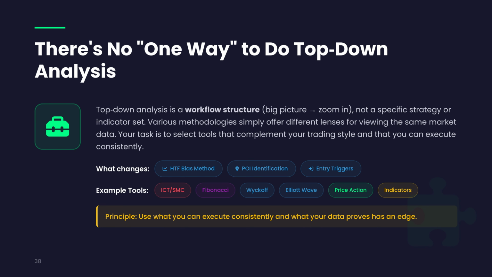Right then, we have arrived at a pivotal moment in our trading journey, one that I believe can fundamentally change your approach to the markets. The title of this slide boldly states, there's no one way to do top-down analysis, and it's crucial that you truly grasp the significance of this. Throughout this presentation, I've laid out a systematic framework: higher time frames for bias, intermediate ones for refinement, and lower ones for execution. This structure is, without question, solid.